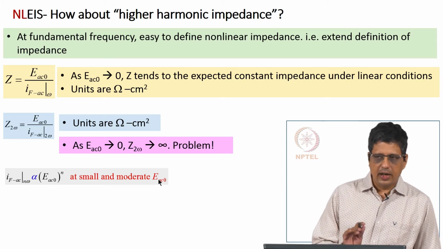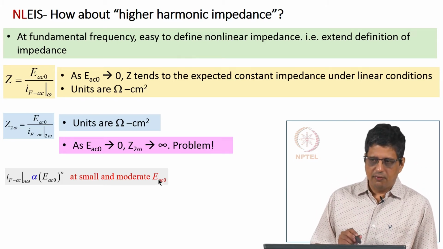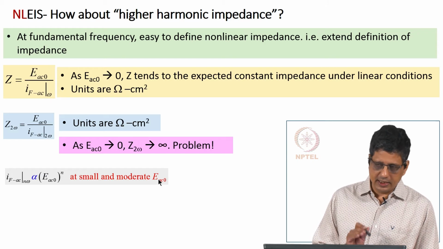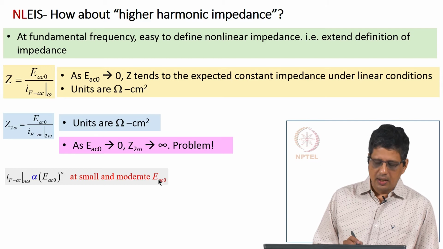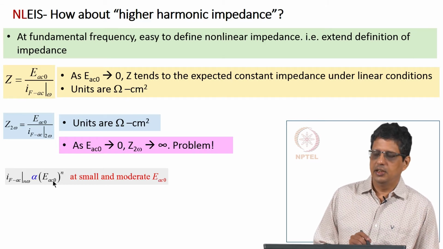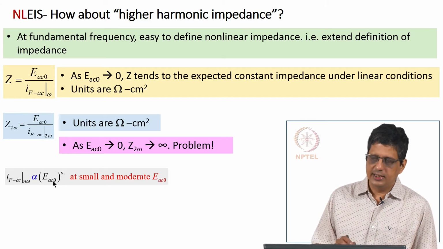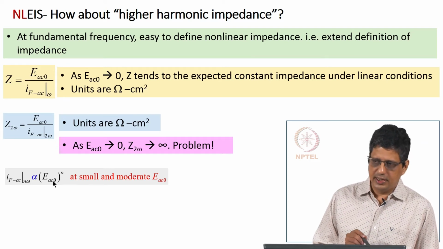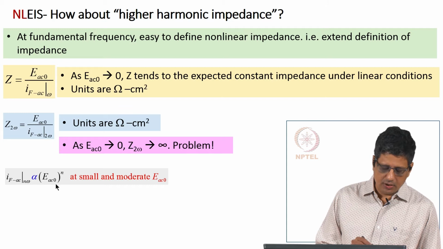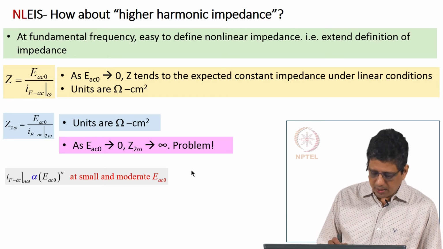Okay. At moderate values, where we expect to see reasonable signal with a good signal to noise ratio, this is the case. If you go to very large E_AC,0, you would get a good signal to noise ratio, but then it is going to be proportional to a power which is more than n.